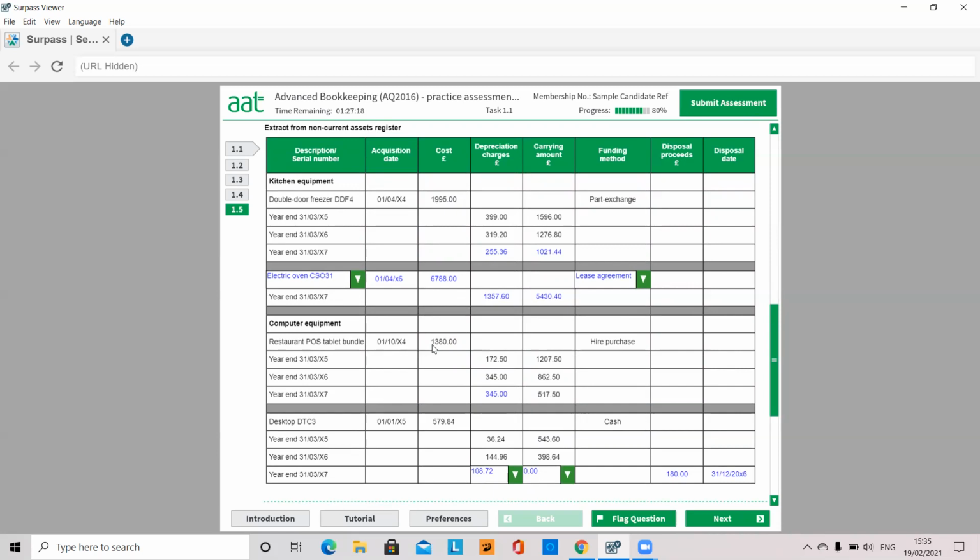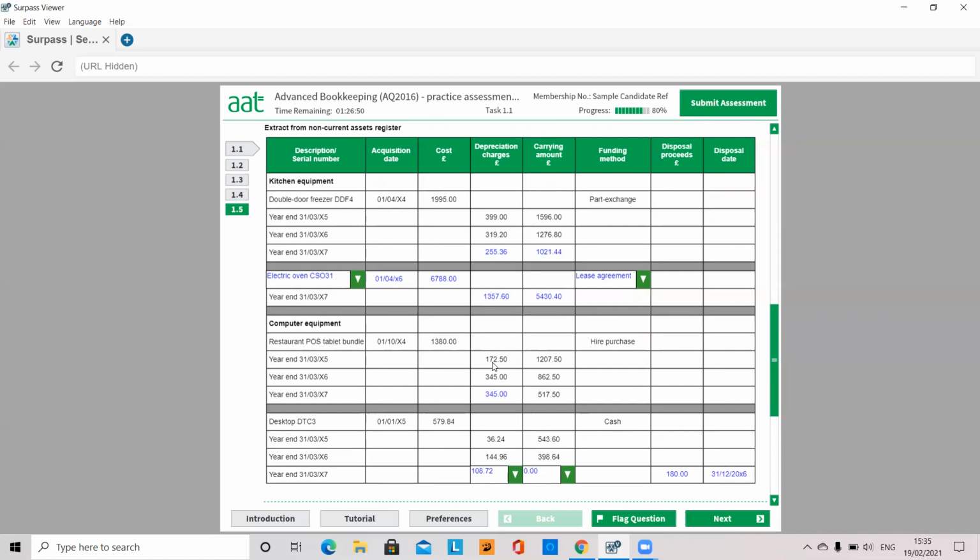So what you do is, the actual cost was 1,380. It's depreciated over a 4-year period. So divided by 4 is 345. So the full year's depreciation is £345, but we only had it for 6 months of that period. So therefore we divide that by 2, which gives us 172.50.